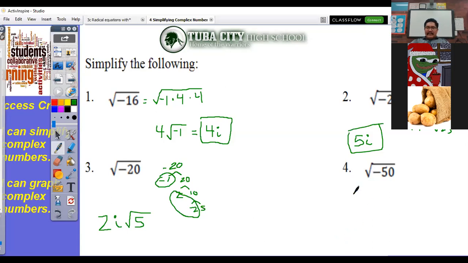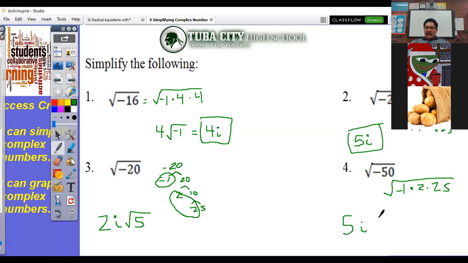And last one, I'm going to do this one a little bit quicker. So -1 times 2 times 25. And again, we're taking the square root of all of these. So square root of -1 is i. 25, we can take the square root of 25, so 25 is 5.